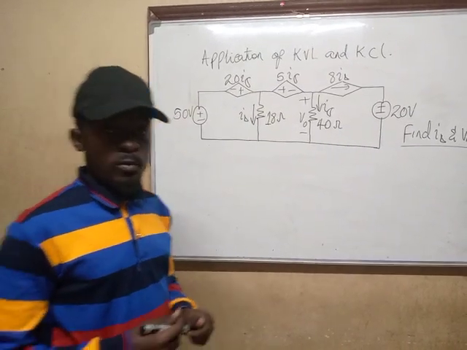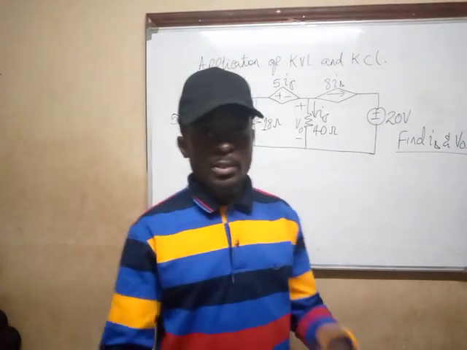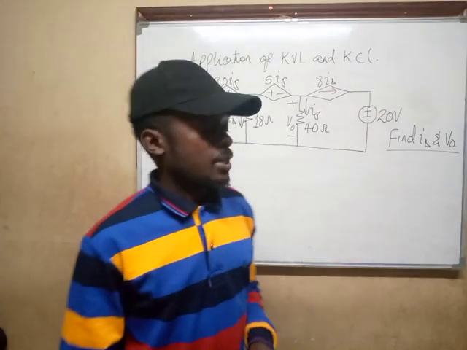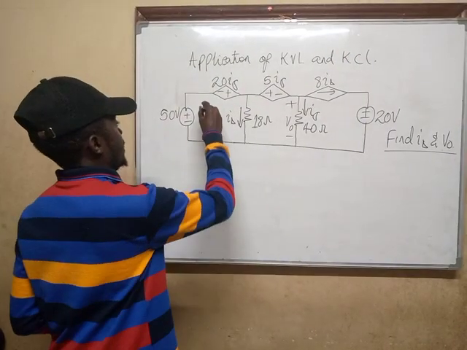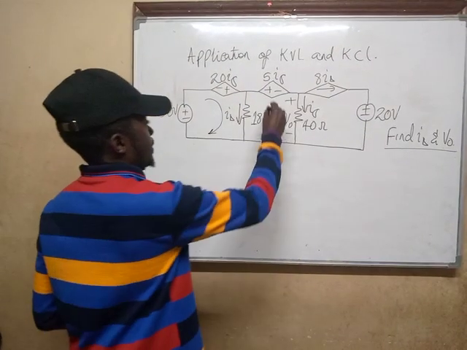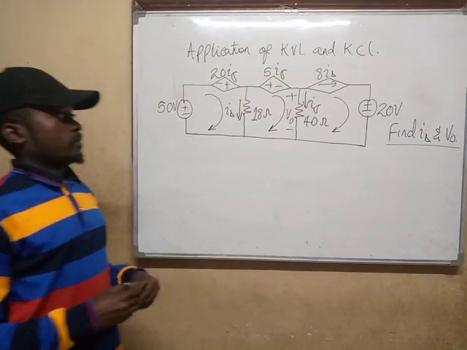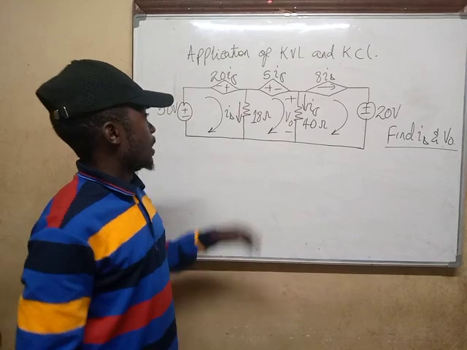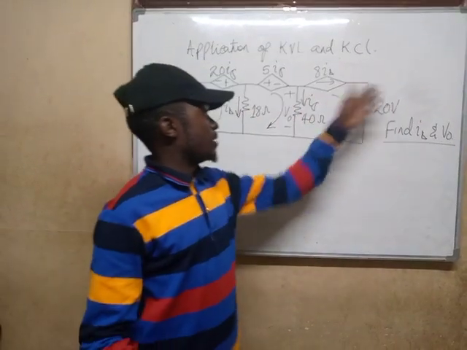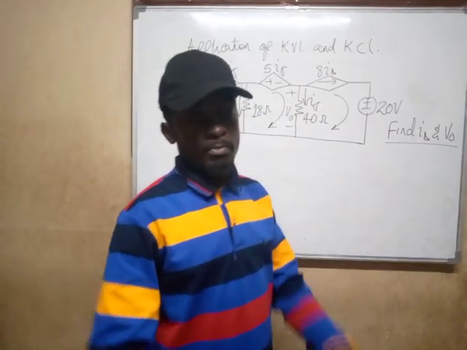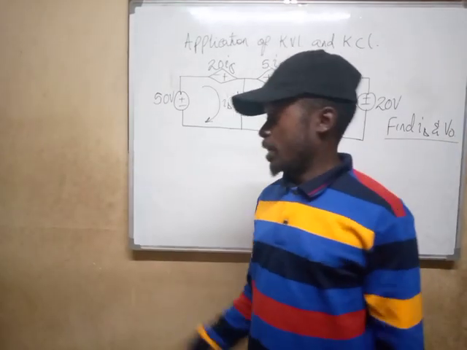When we talk of a loop, we are talking about a closed path in the circuit, any closed path in a circuit. Take for instance, this is a loop, this is a loop, and this is a loop. In this circuit diagram, these are the loops.